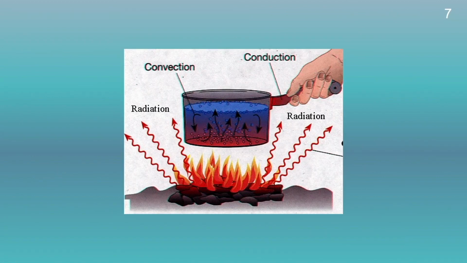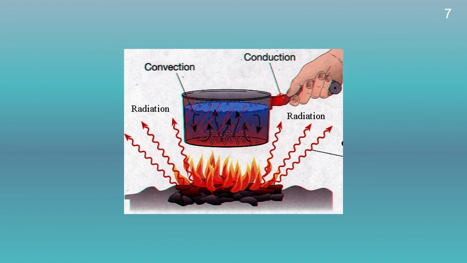This is an example of how heat transfers to different locations or different points using these 3 different processes. Water has been taken in a container and we are heating this water. Now, as we heat the water, first the container in which we are heating the water will get heated, and if we touch here, then we can feel the heat.